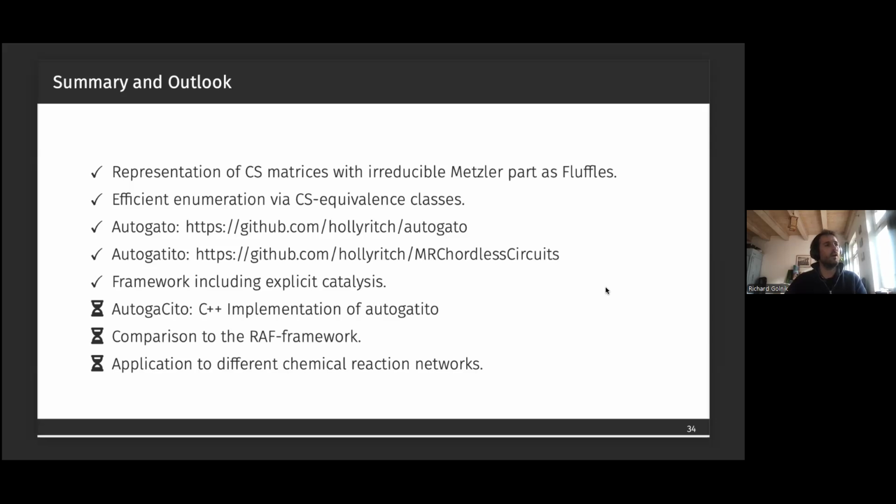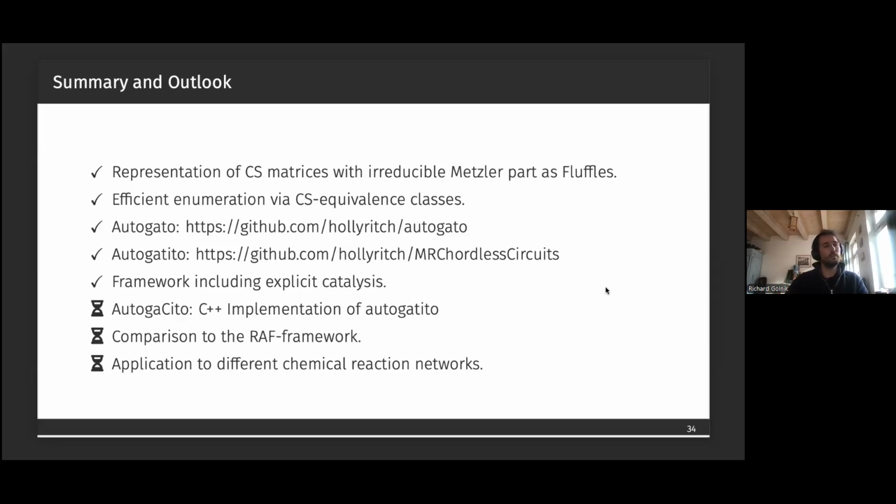And currently we are working on a C++ implementation of autogatito in order to apply it to larger metabolic networks, because the problem right now is that in Python, real parallelization, especially for the Linux system, requires that large data structures have to be copied. And this can get people to run into memory issues, which also happened to us, so we had to be a little bit careful.